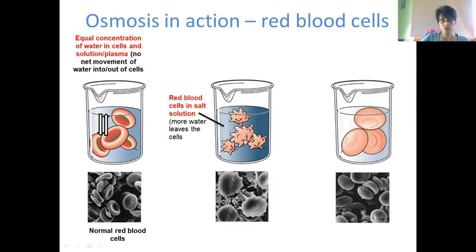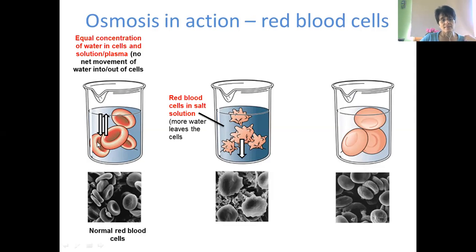Okay, so higher water concentration inside the cells and a lower water concentration outside the cells in the blood plasma, because salt lowers the water concentration. There's more salt. So there's going to be a net movement out of the cell.